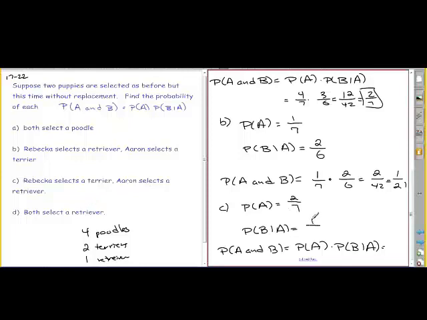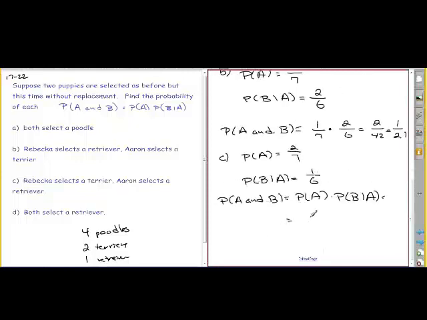How many retrievers do we have to choose from? 1. Yeah. So picking the terrier didn't affect the number of retrievers, and the number of dogs to choose from is 6, because I had started with 7 dogs and I've taken one of the terriers, so there are now only 6 dogs left.